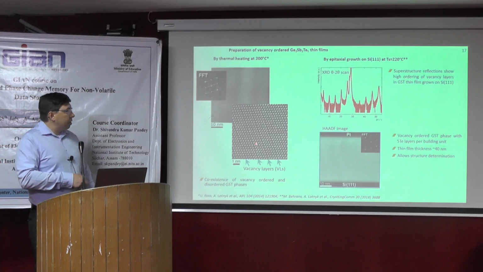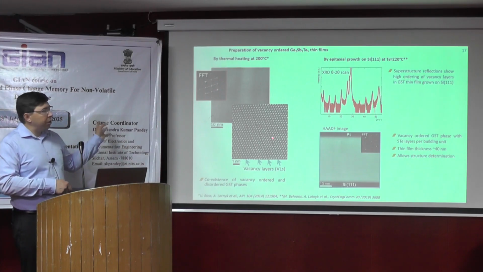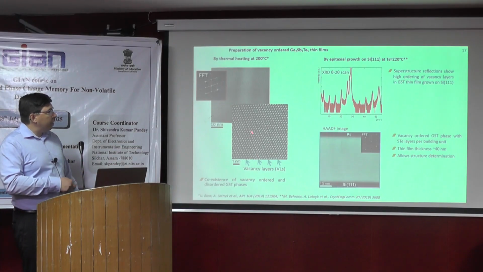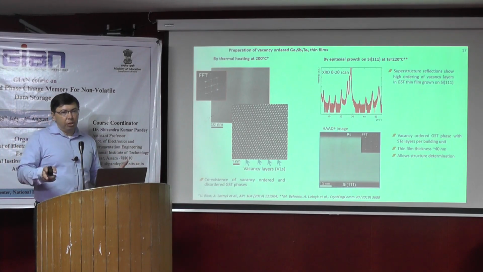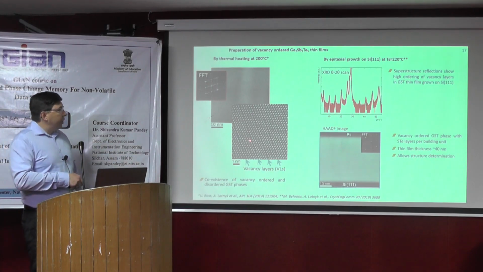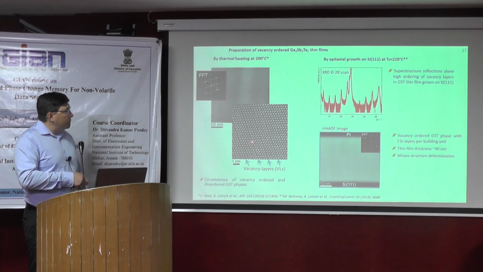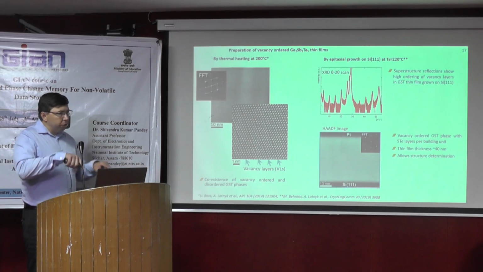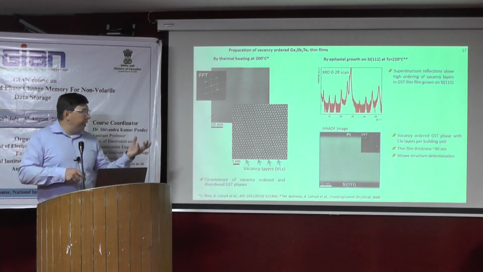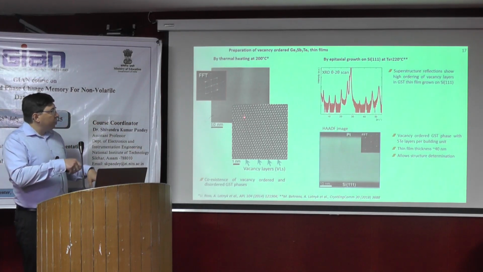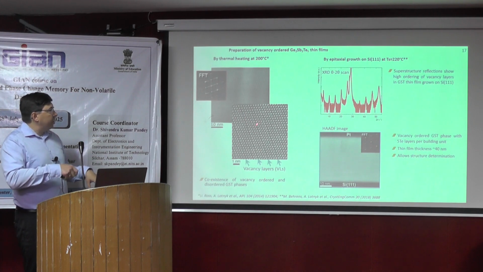Now the vacancies, which were randomly distributed, start to form so-called vacancy layers. These dark lines in this image are really vacancies which are ordered into layers. So the vacancies which were randomly distributed on the cation sites moved to the neighbors, since we have 20% of space there, and then they formed empty spaces, and these are vacancy layers.